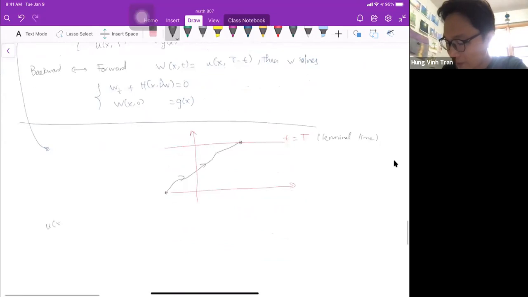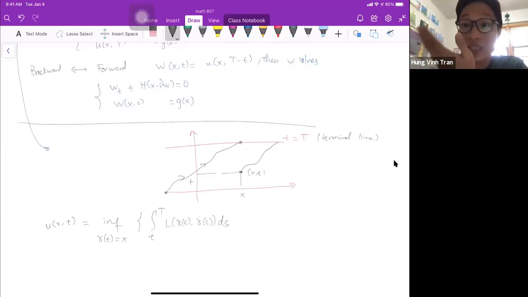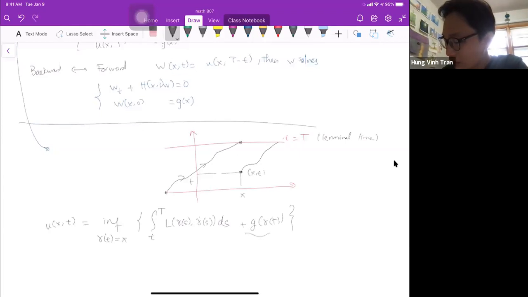So the definition of the solution u(x, t) by the optimal control formula is the infimum over all curves gamma starting from x at time t, minimizing the cost from t to big T: the integral of L(gamma dot(s)) ds, so you pay the running cost, and then the terminal cost g(gamma(T)).